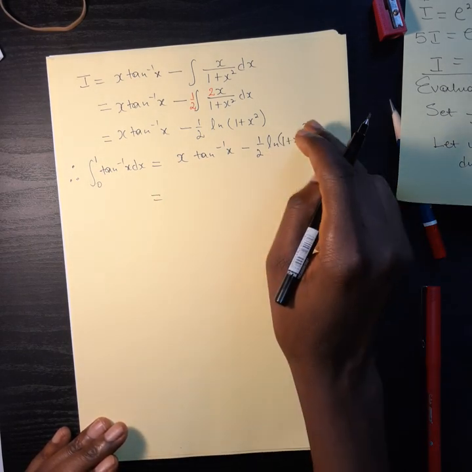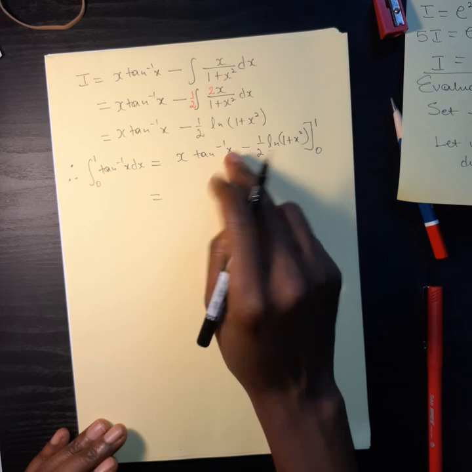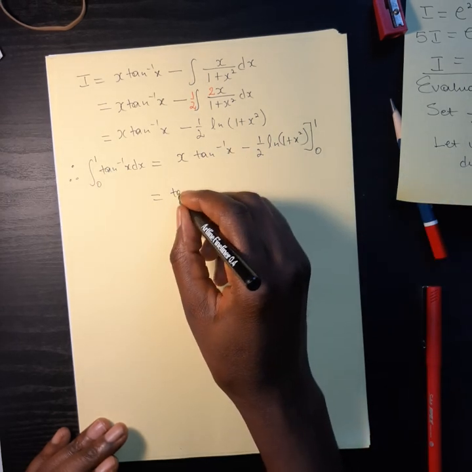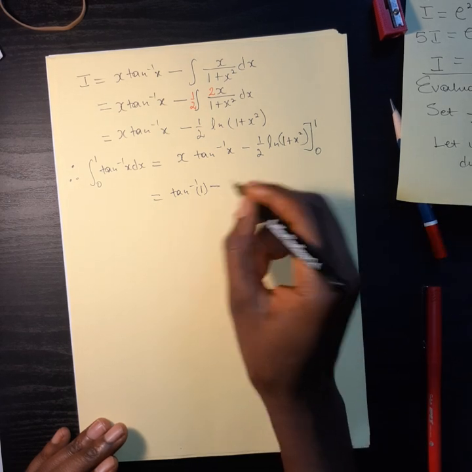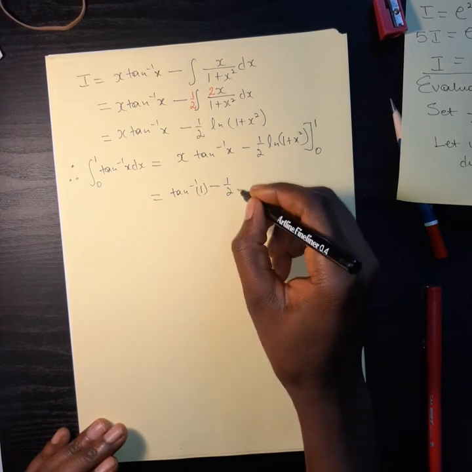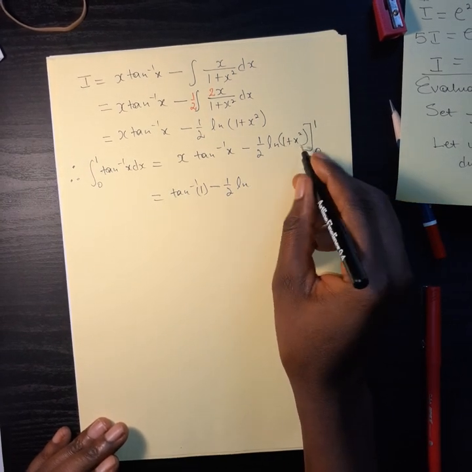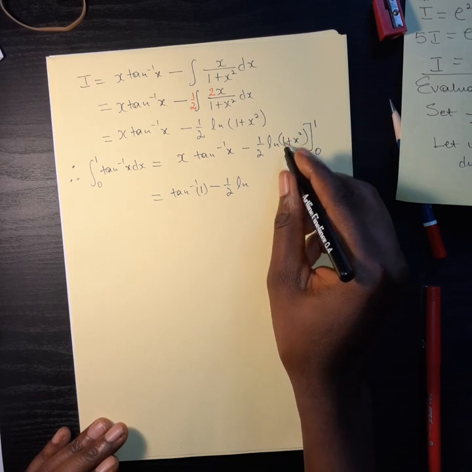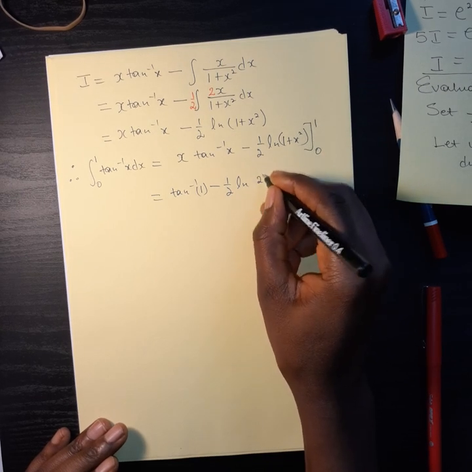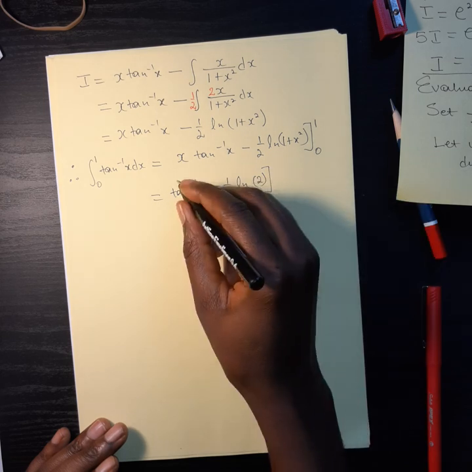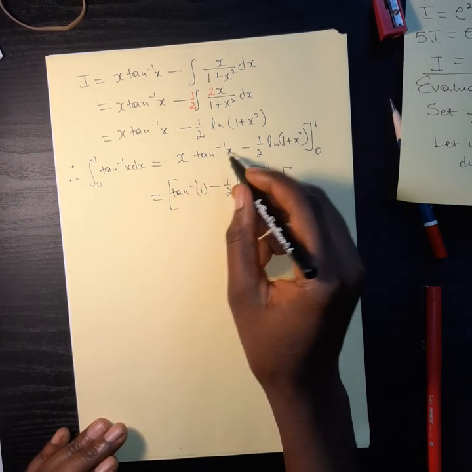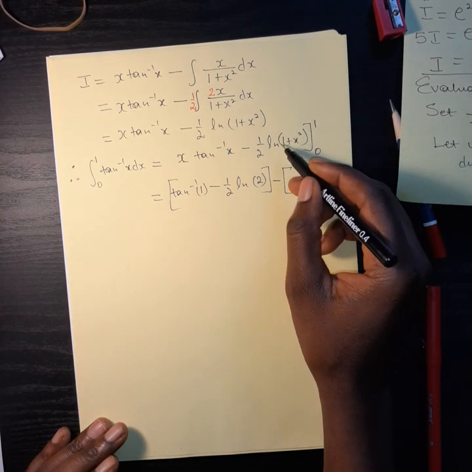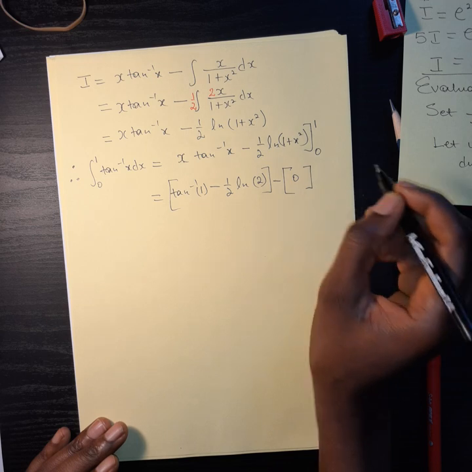So in this case, we substitute 1 here, the arctan of 1, minus 1 over 2, the ln of, you put 1 here, it will be the ln of 2, minus, if you put 0 here, this will be 0, you put 0 here, this will be the ln of 1, which is 0, so you are subtracting 0.